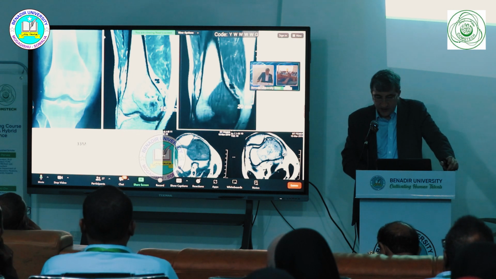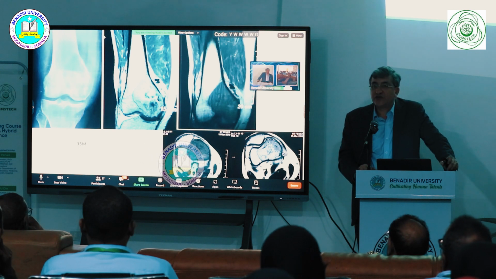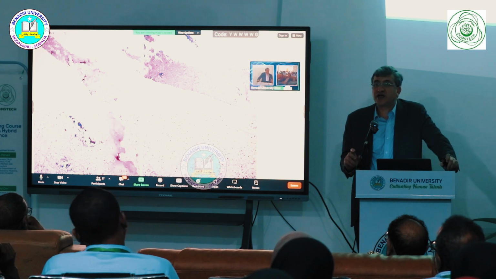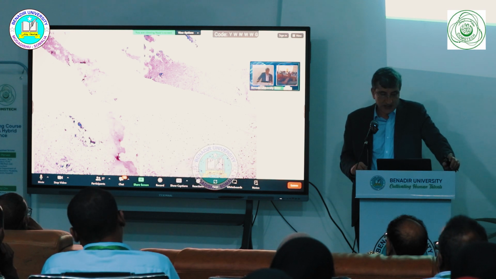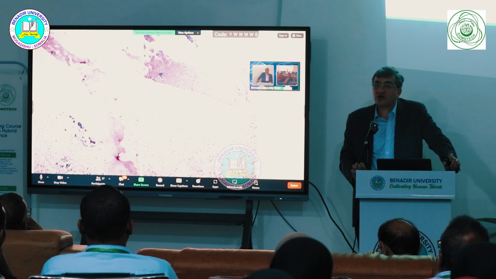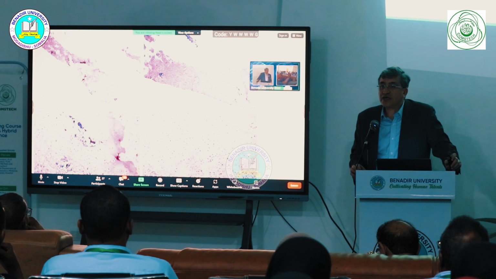So I received 2 core biopsies of this patient, which were reported as 2 different diagnoses, which were malignant in other hospitals. So these are the 2 core biopsies. So any idea what is the composition?